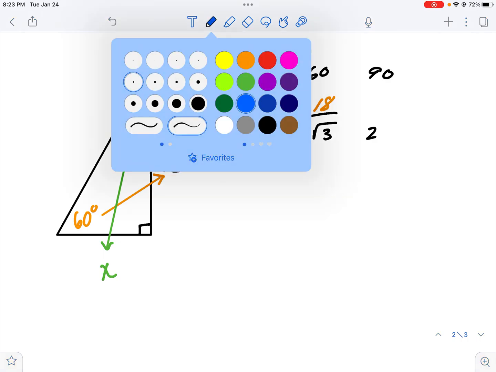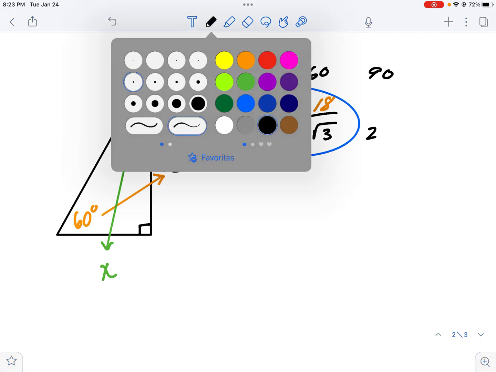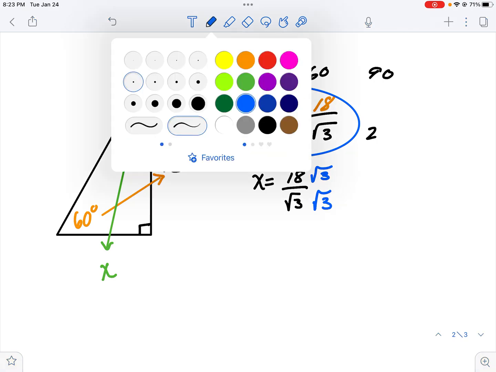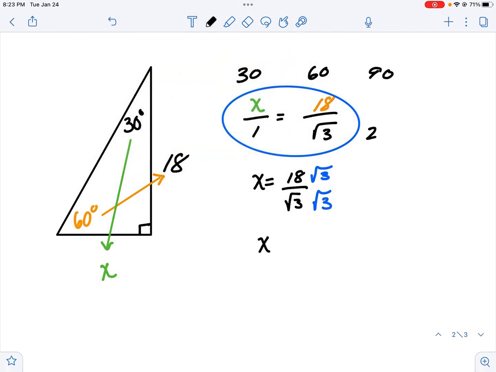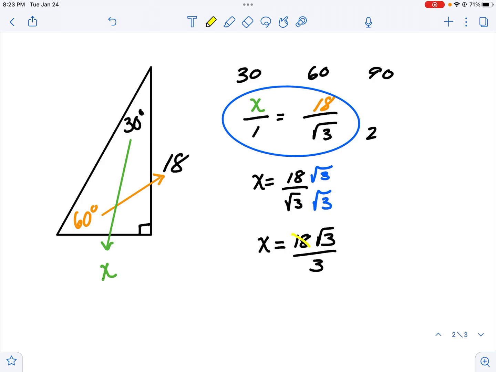If we look only at this piece right here, we see we have an equation that says X is equal to 18 over radical 3. You're not allowed to have a radical in the denominator. So we're going to make this radical 3, this radical 3, which gives you X equals 18 radical 3 divided by 3.